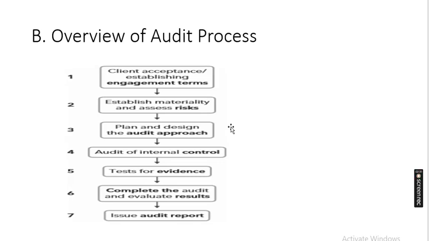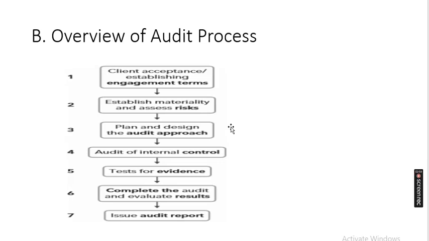In the second step, we establish materiality and assess risks. So we need to look at the materiality level. Materiality means what amount is significant for auditing, and we also need to assess risks, which will lead us to provide a proper opinion. Then after that, we plan and design the audit approach.